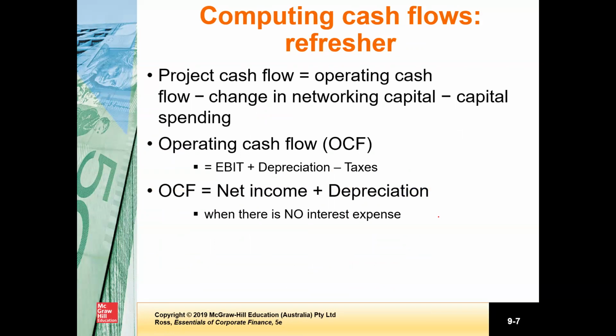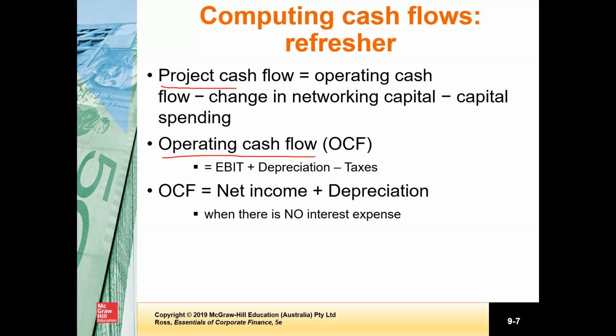And from the pro forma financial statements, we can estimate the projected cash flows, and those projected cash flows will be used to find out the value of a project and to decide whether the project will be accepted or rejected. Okay, so we are familiar with these equations. We have learned them earlier. So just very quickly reminding again that project cash flow should be operating cash flow minus change in net working capital and minus capital spending.